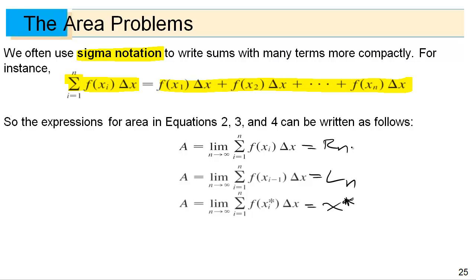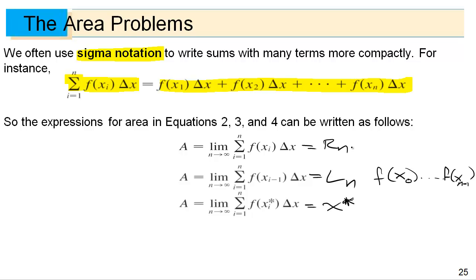Here we have to do x sub i minus 1 and let i go from 1 to n, because if you'll remember, when we did the left hand sum, the first x we did was x sub 0, and the last one we did was f of x sub n minus 1, right? So in order for this to happen when i goes from 1 to n, we have to do i minus 1, and then i minus 1 gives us n minus 1 at the end.